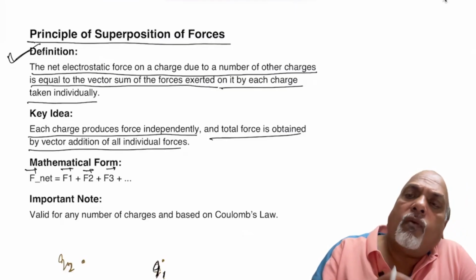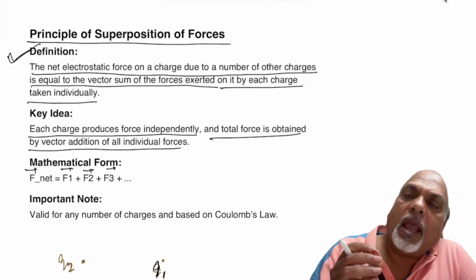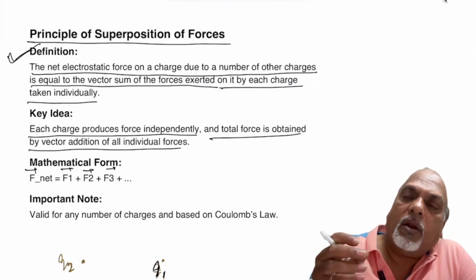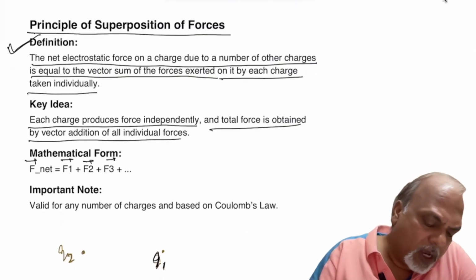So this is basically the formula, means F1, F2, F3, these are the forces acting on that charge, and the force on that charge is the vectorial sum of these. Look, it will be clear.